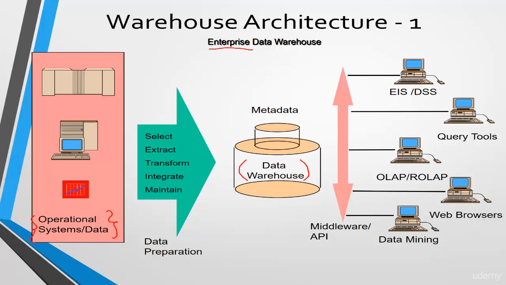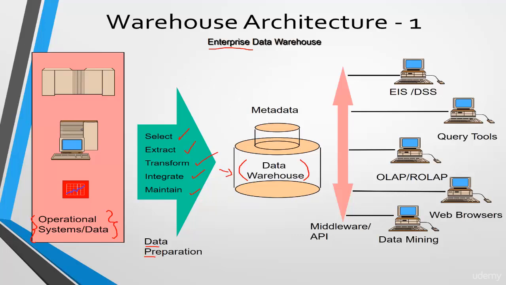The reason we term it as enterprise data warehouse is, again, different functions within a firm, within an organization will provide data which will be performing all of these data preparation activities, which is select, extract, transform, integrate, and maintain the data with the business rules and load all of that into this centralized data warehouse.